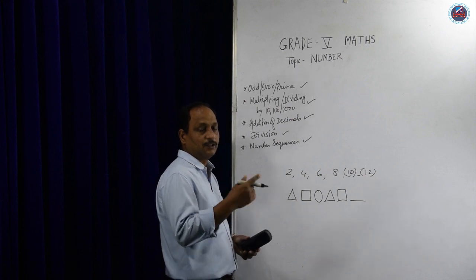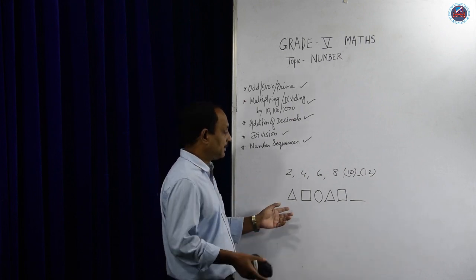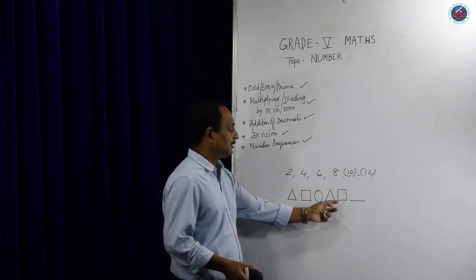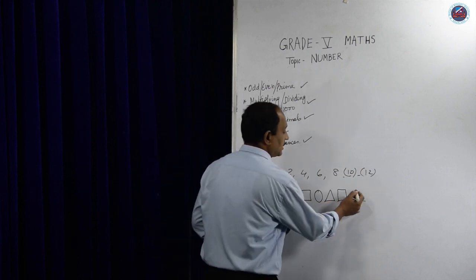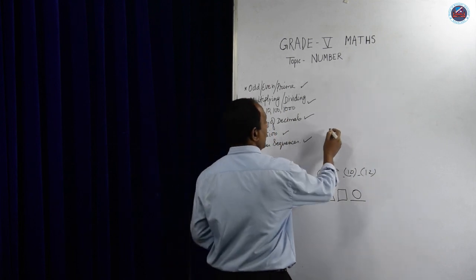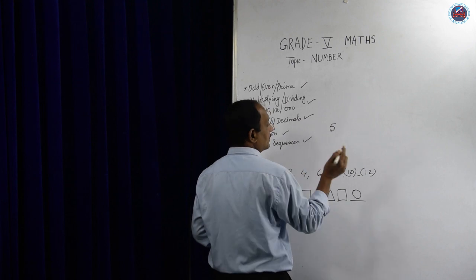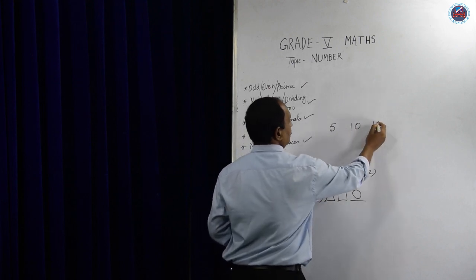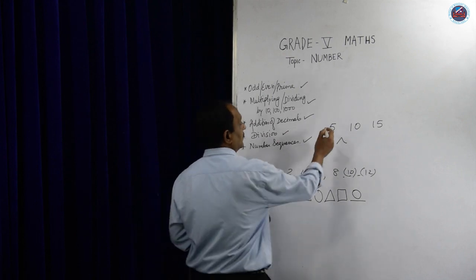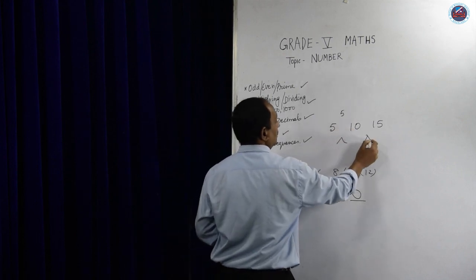So according to the mathematical shapes, what will come next? Triangle, square, circle, triangle, square, automatically here will be circle. This is called a sequence. Suppose I am writing 5, next comes 10, next comes 15. How many numbers gap here? 5 numbers. Here how many numbers gap? 5.